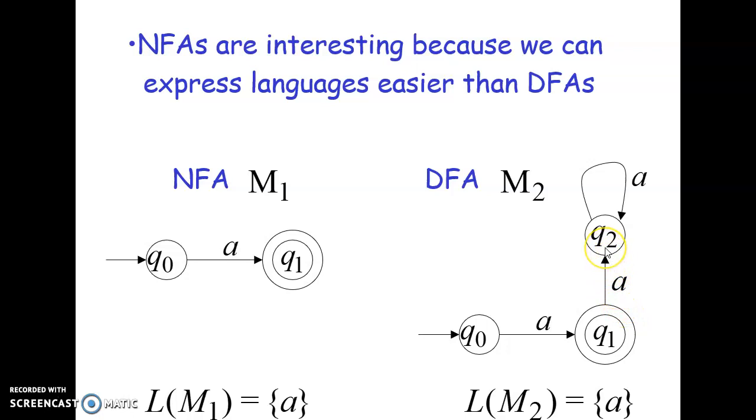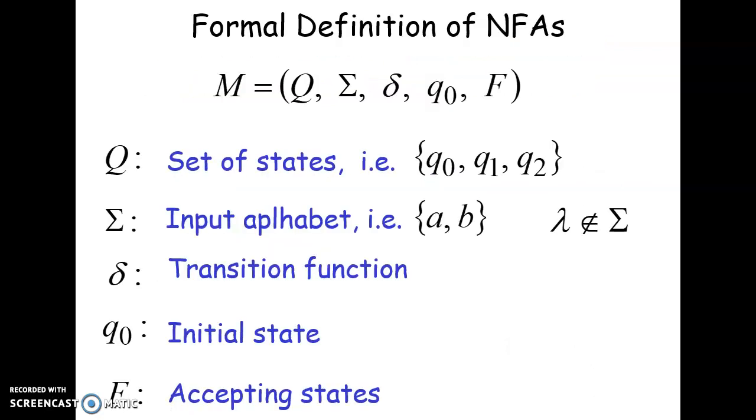So you go to a state Q2, which is your dead state, your trap state, which doesn't have a path coming back to the final state, since our language has only one string, which is A. This is a basic difference between a DFA and an NFA. There will be one more lecture on the difference between DFA and NFA, so you will be more clear on that.